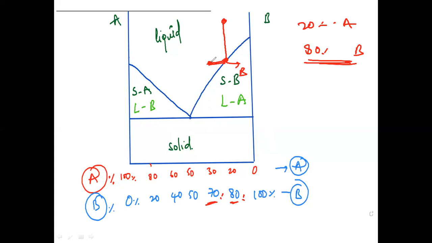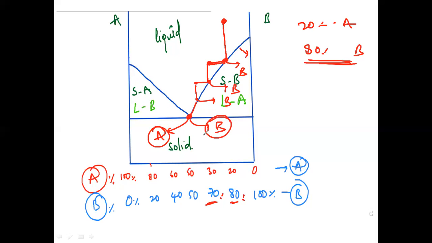After this, if you cool this composition again, it reaches this point again, B solidifies again, the composition changes again, and if you decrease the temperature, B will again be solidifying here. So in this area only B is solidifying. Whenever it reaches this point, B will be solidifying and A will also be solidifying.